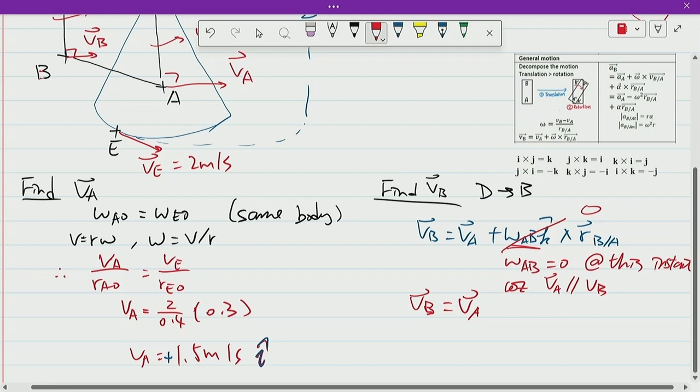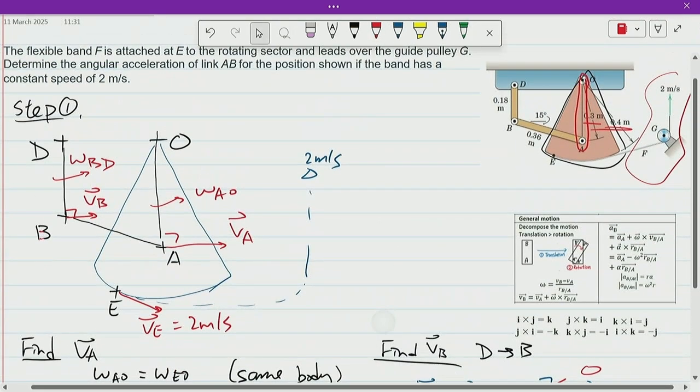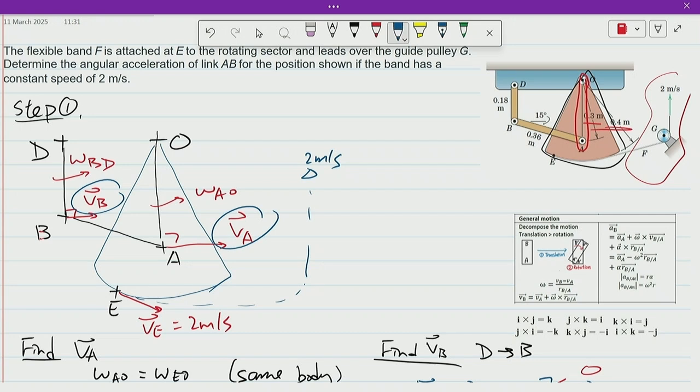So we know it's pure translation because we had to draw the VA and VB vectors first, right? It's very hard to tell if it's pure translation, especially when the radius is different. But in this case, the velocities are basically parallel.